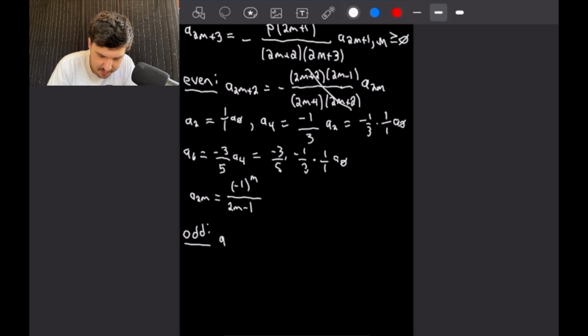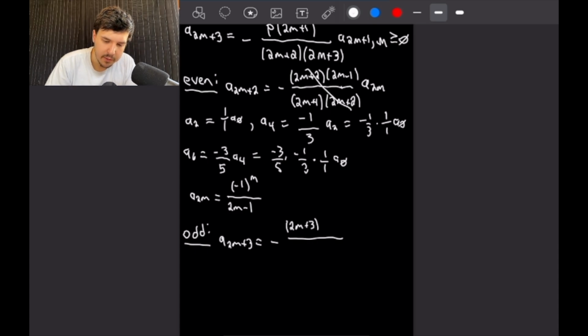So we have a sub 2m plus 3 is equal to, keeping that negative out front. So we're going to plug in a 2m plus 1 into our p of n. And if you recall, that is n plus 2 times n minus 1. So when we plug in a 2m plus 1 into our n plus 2, we will be left with a 2m plus 3.